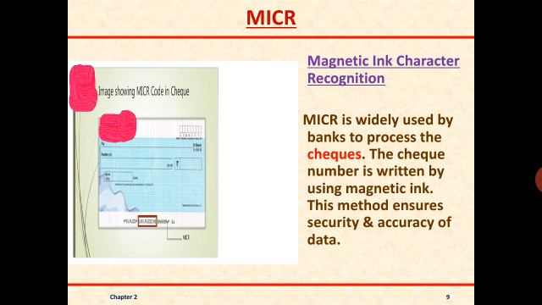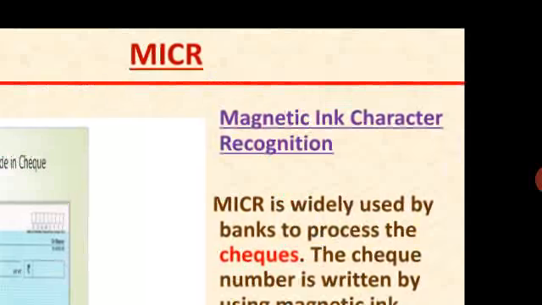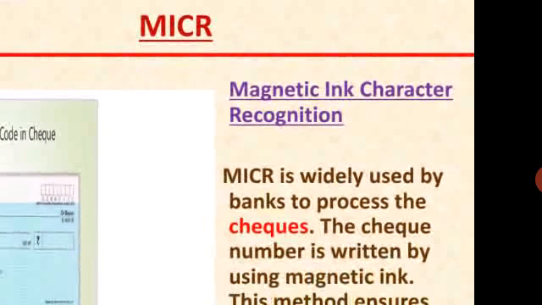The next input device is MICR. The full form is Magnetic Ink Character Recognition. I repeat once again, Magnetic Ink Character Recognition. What does this input device do?